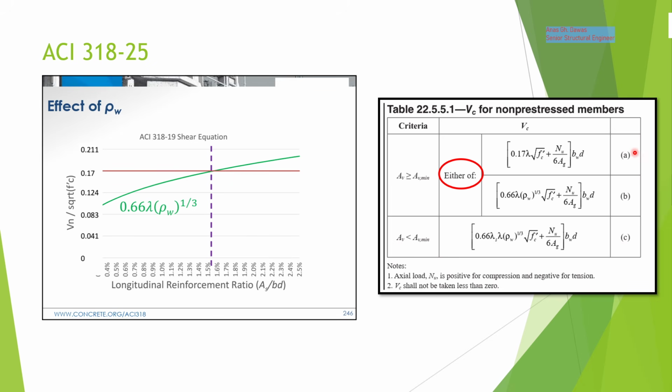So practically we always use equation A, but again you can use B. If you'd like to use B, you have to provide a lot of reinforcement to improve your shear capacity. Beyond the 1.5%, as you can see, equation B will always be less than equation A.